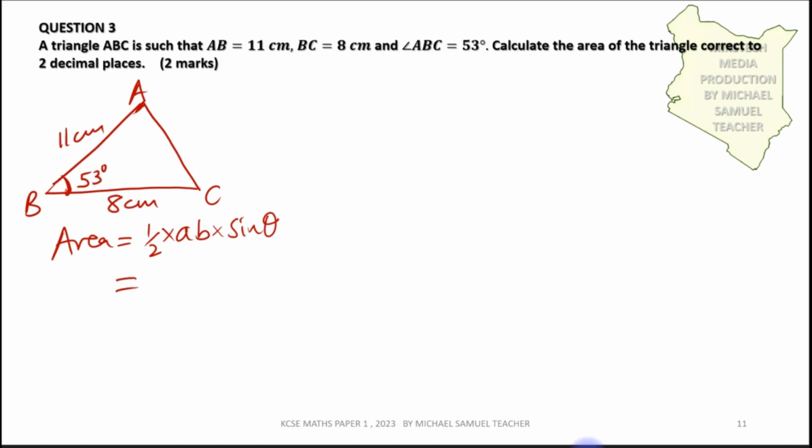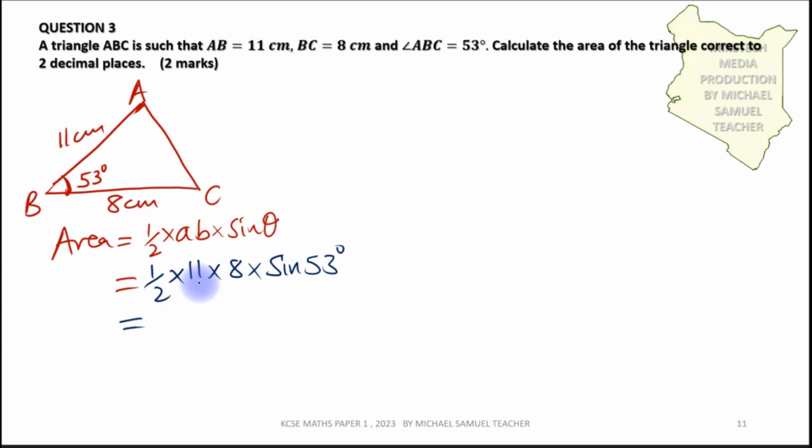So for this case, we have a half times A, which is 11 centimeter, times B, which is 8, times sine theta, where theta is 53 degrees.